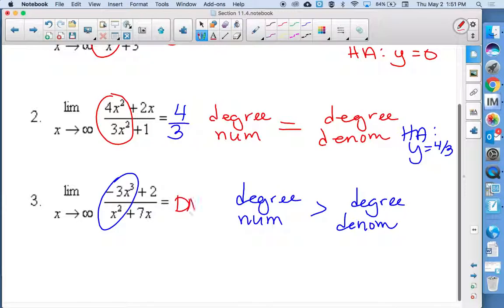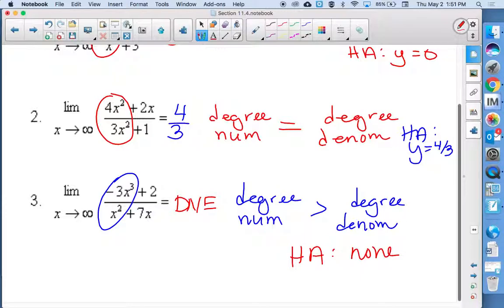Right, the limit doesn't exist or the horizontal asymptote doesn't exist. Does anybody remember what kind of asymptote there was? Wasn't it like a slanted line? Yeah, and that's what it was called, a slant asymptote. Nice job, Kate. So there would be a slant asymptote, not a horizontal one.